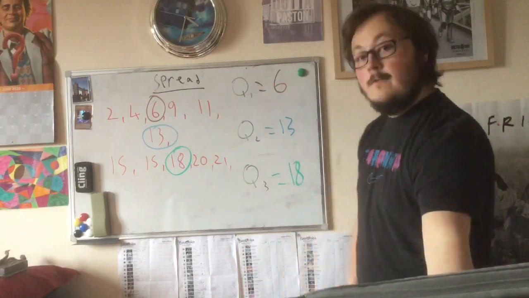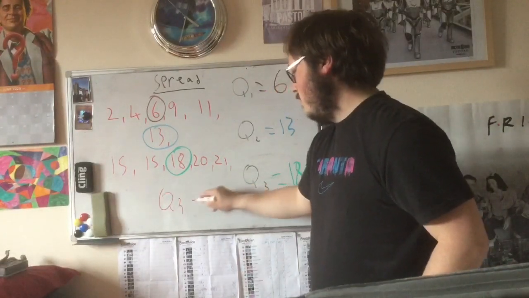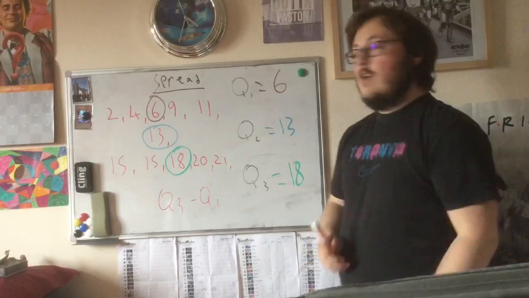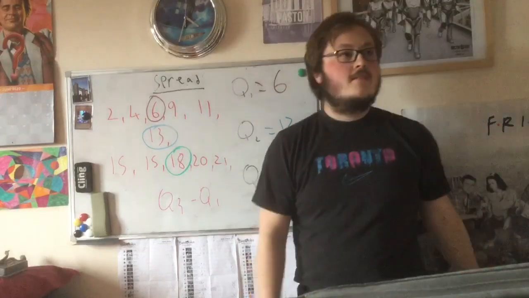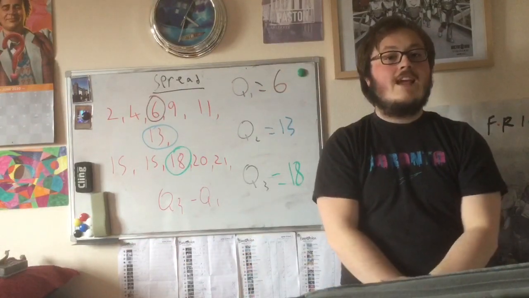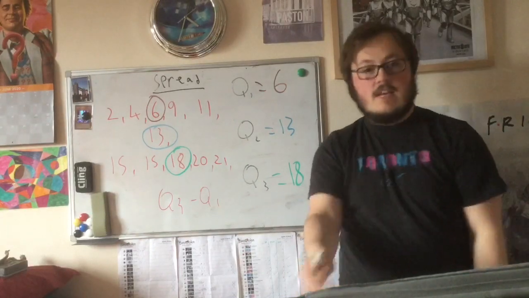Well, all you have to do is subtract Q1 from Q3. So you take away the first quartile from the third quartile, because then you know how spread out that within quartile range is. Range, does that remind you of anything? The biggest number take away the smallest.